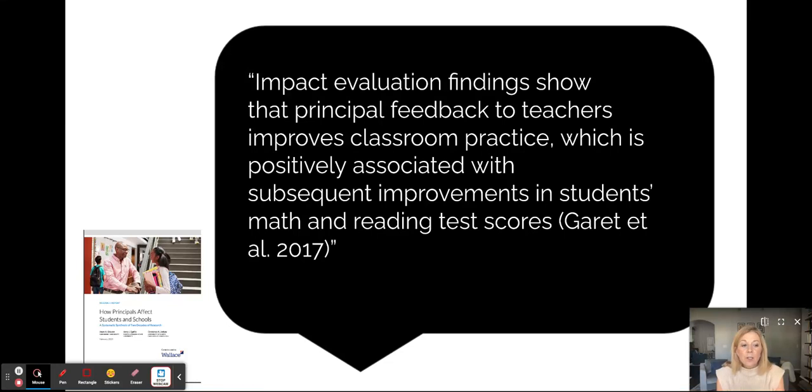The piece that really connects with that Wallace report in this module is that evaluation findings connect to the principal's implementation of the evaluation process. When done well and appropriately, it can lead to teachers' improved practice, which ultimately impacts student learning and achievement.